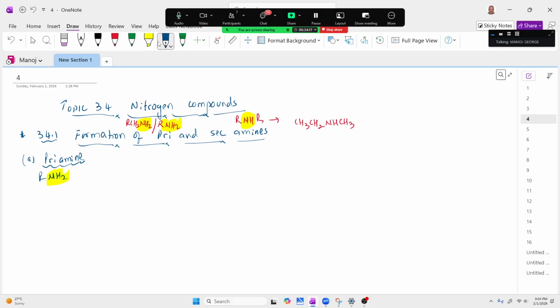So one of the things I can use is the reaction, which you have done in your AS level, I'm sure, of a halogenoalkane and ammonia. This ammonia must be dissolved in ethanol, and you must heat it under pressure, right?